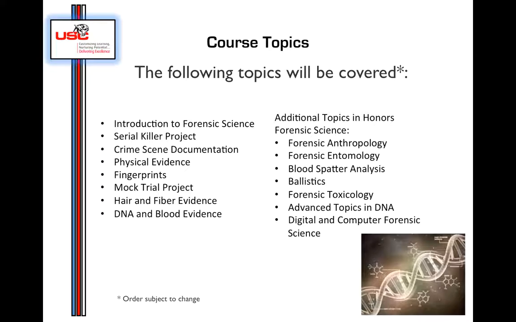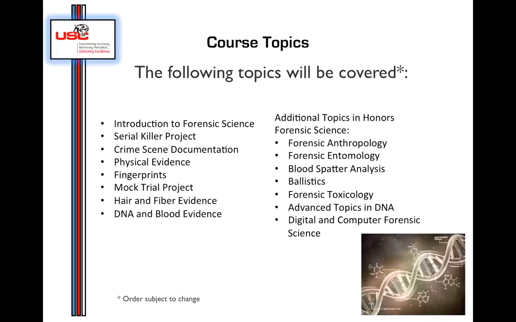We'll discuss crime scene documentation, and the teacher will set up a mock crime scenario in which you have to document the crime scene completely. We'll discuss physical evidence, fingerprints, we'll do a mock trial project, hair and fiber evidence, DNA and blood evidence.